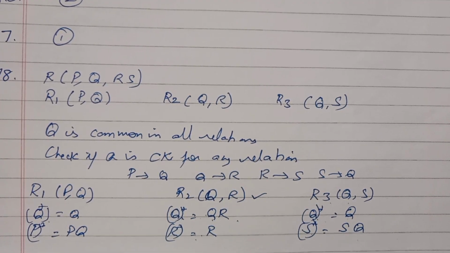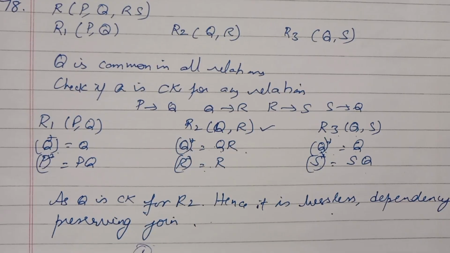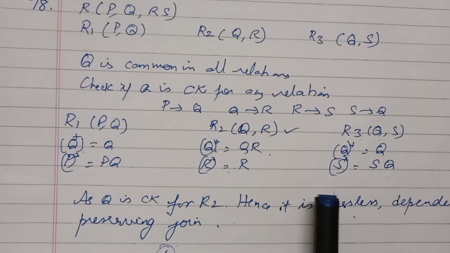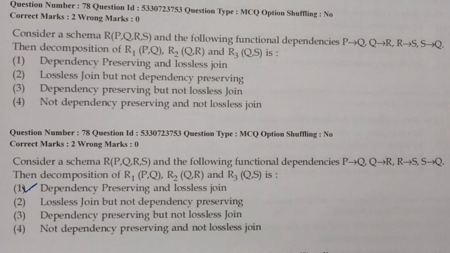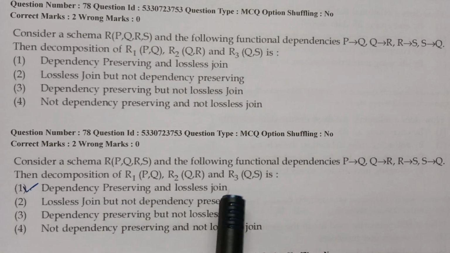Hence, you can see that it is a lossless, dependency preserving join. So the correct option is option number 1, that is dependency preserving and lossless join.